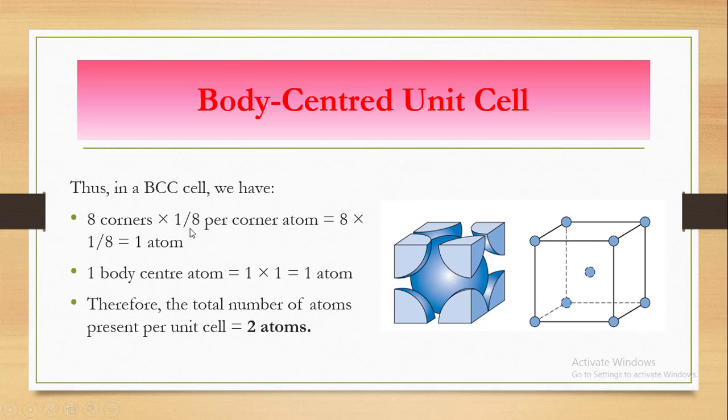So the 8 corners will be contributing 1/8 per corner atom, which is equal to 1 atom. Since there is 1 body-centered atom which will contribute fully, it is 1 into 1, which is equal to 1 atom. Therefore the total number of atoms present per unit cell in a body-centered unit cell will be equal to 2.